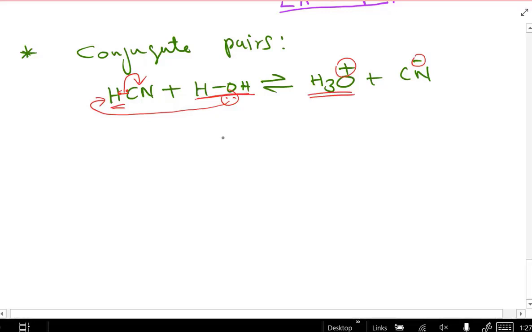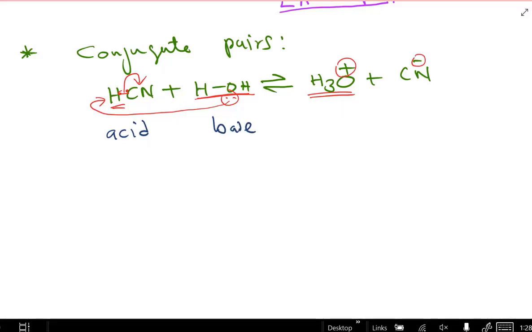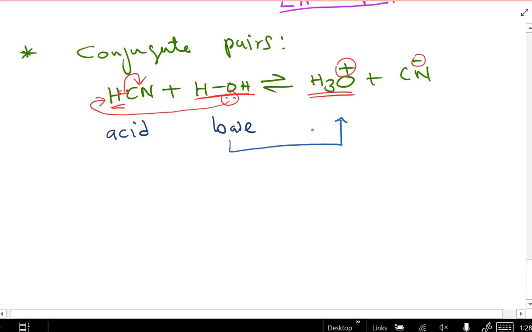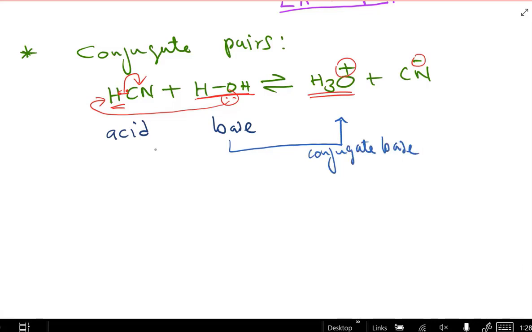Let's take a look at that. So we can say hydrocyanic acid is the acid and the water is the base in this reaction, forming conjugate acids and conjugate bases. So the water becomes hydronium, making its conjugate acid, right?